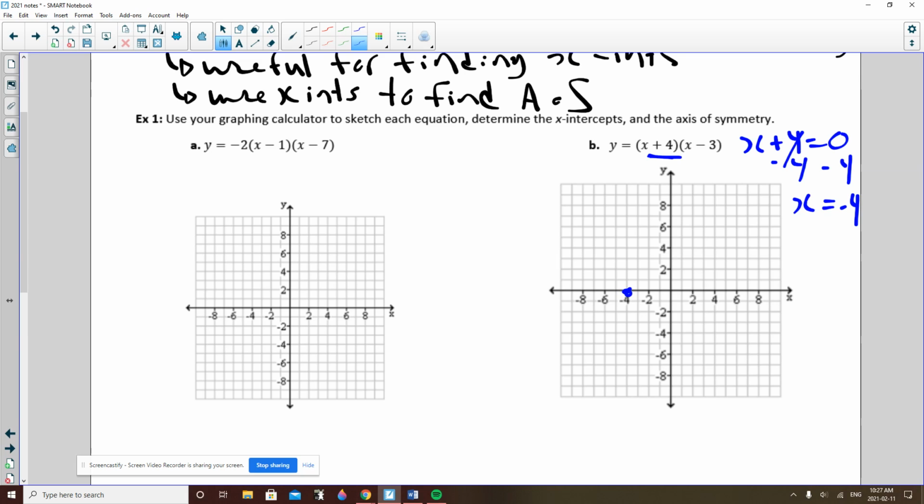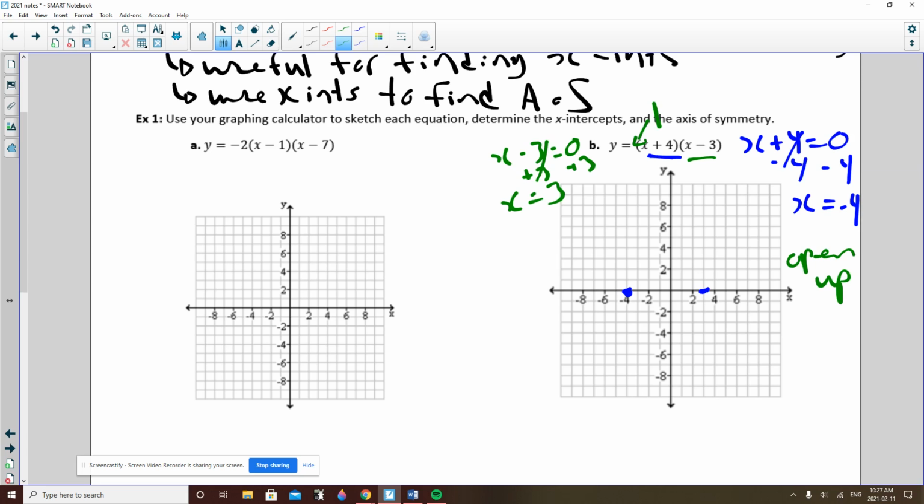The other one would be from x minus 3. So x minus 3, I make that equal to 0. To solve for x, I add 3 to either side. So there's an x-intercept at positive 3. The other thing I would need to do is I know that the coefficient here is 1, so it's going to open up.